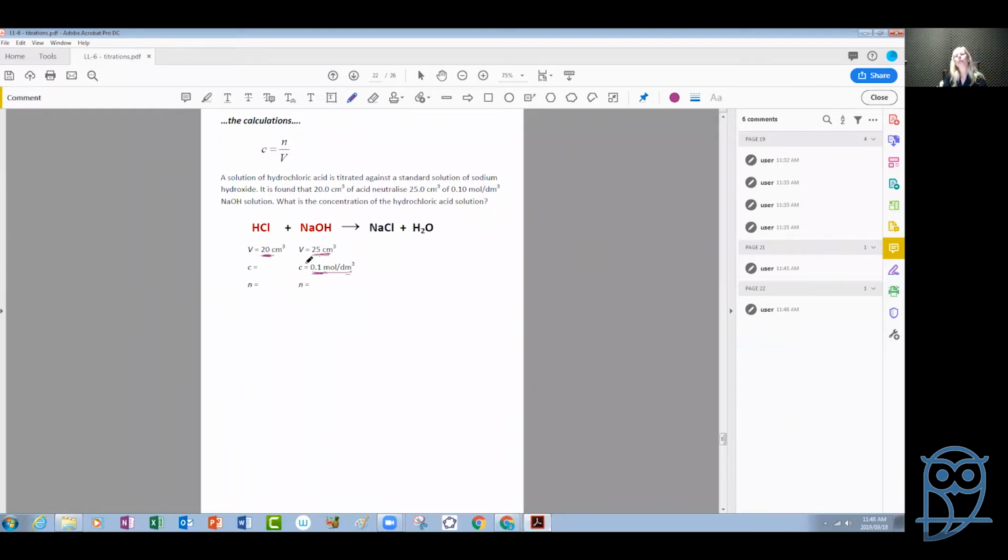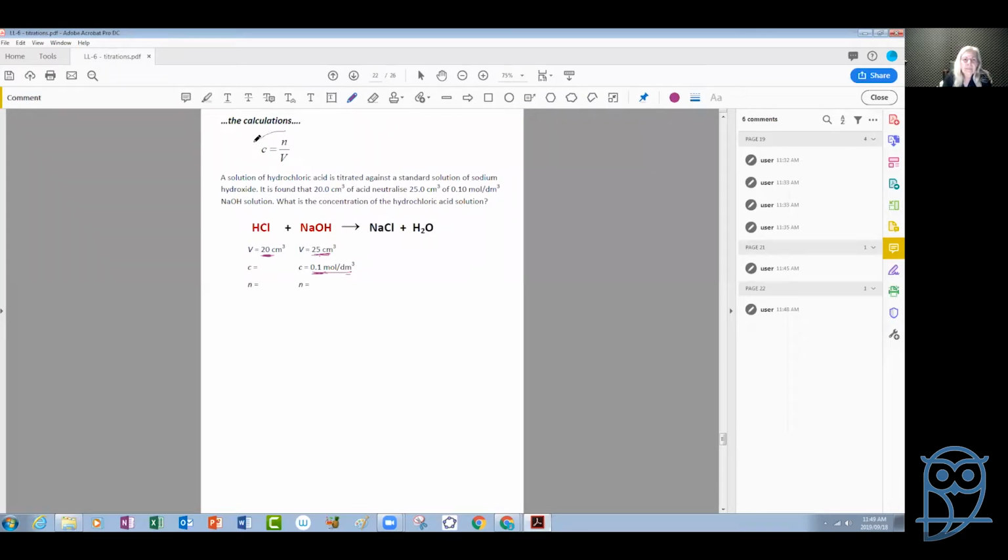So these are the numbers usually that we get when we are dealing with a titration. We have the volume of the solution that is in the flask and its known concentration, and then we find out how much volume is necessary to neutralize the solution. So right now, what do we do? Look at this. We are talking about finding the unknown concentration of the hydrochloric acid in this case.